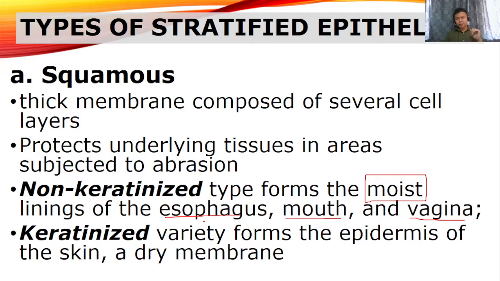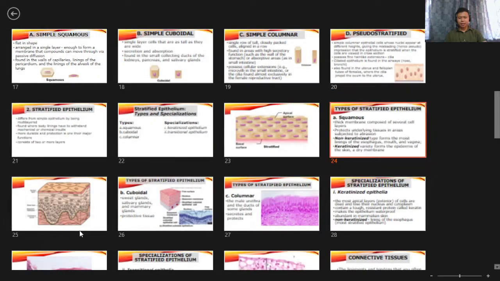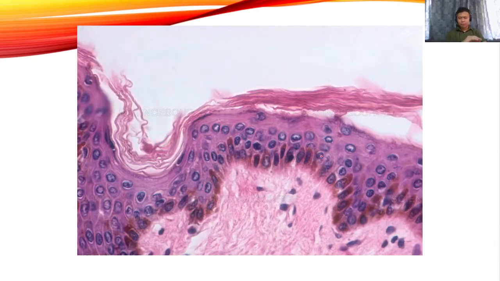Okay. For the keratinized, we have the epidermis of the skin. I want you to take note that there are different forms of the keratinized cell. But for this example, let's talk about the skin having a dry membrane wherein it coats the deeper portion of the skin. So good example here is the keratin, which are made up of dead cells.